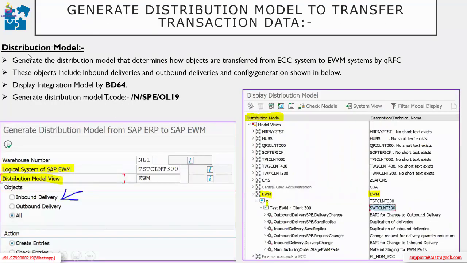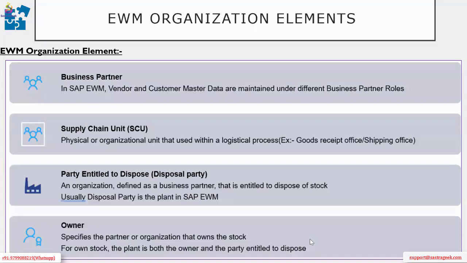And the distribution model, if you remember, yesterday we also created using the integration model of this particular transaction. This is how we would be creating it, where we require altogether seven different standard methods: for the outbound three and inbound two, as well as for the manufacturing one. This is what we have discussed.